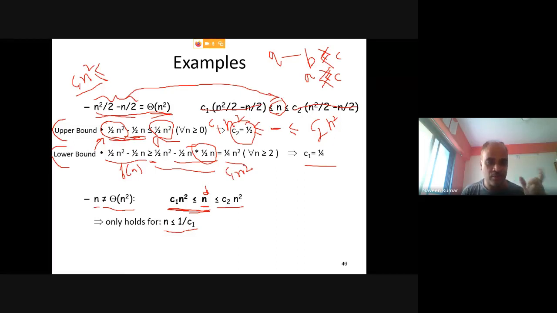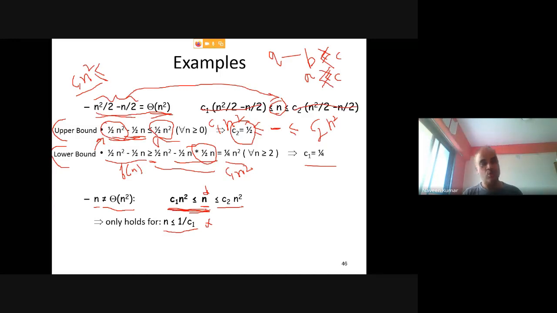Again, I think you can link it with our previous example, right? You are saying that n is less than equal to a constant. N cannot be less than equal to a constant, right? So it contradicts. So it never holds. This inequality never holds.